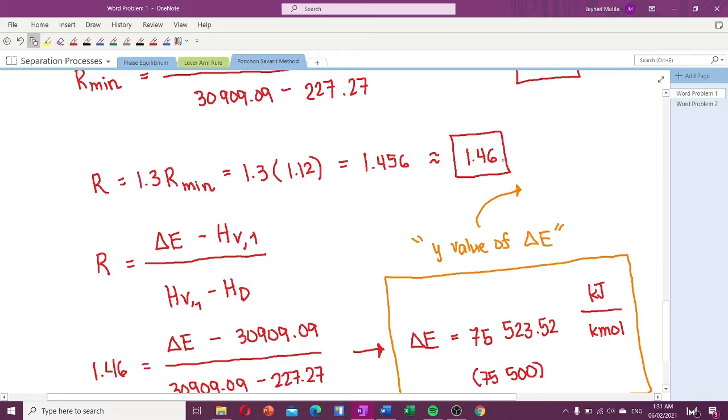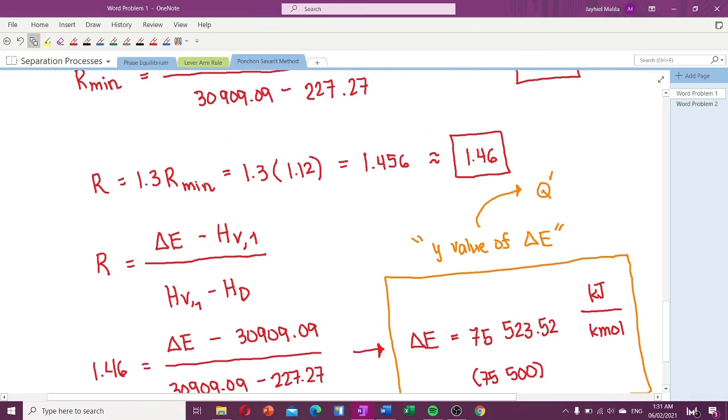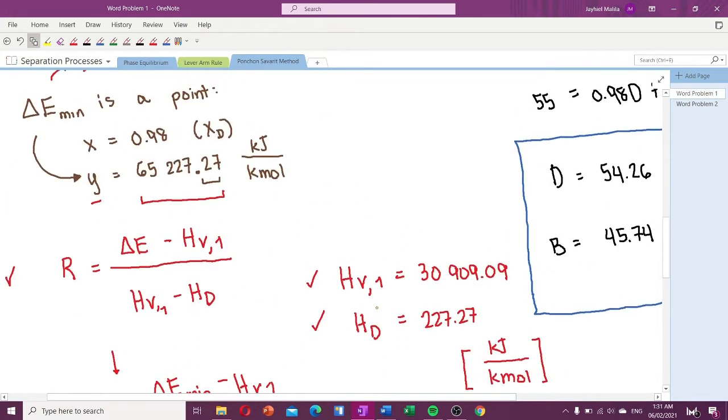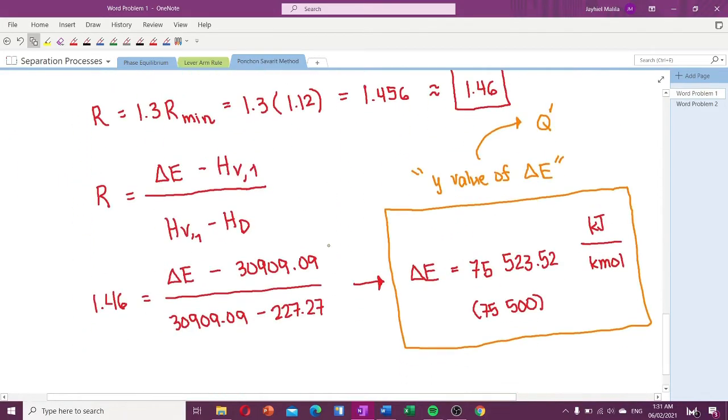The variable for this one is Q prime, which is the variable that I'm going to use later. For this one, we can just call this the Q prime min.